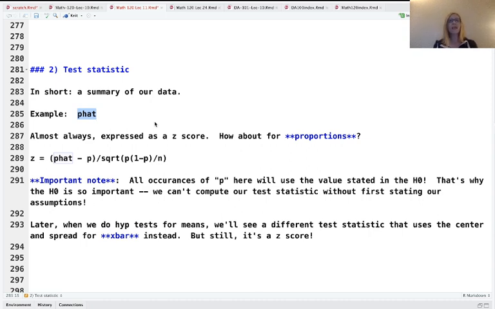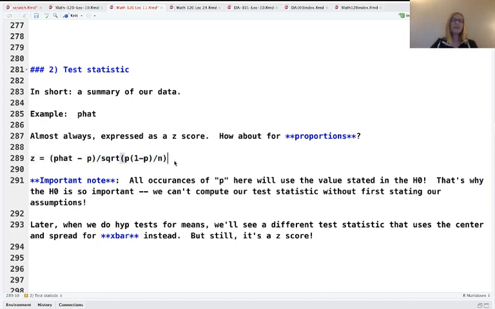And we've seen how to make z-scores for proportions. Again, go back to week 8 and look at the forwards problems if you're forgetting this formula. This formula right here is exactly the same thing. That's not new. We did that in week 8 when we computed probabilities in forwards problems for p-hat.